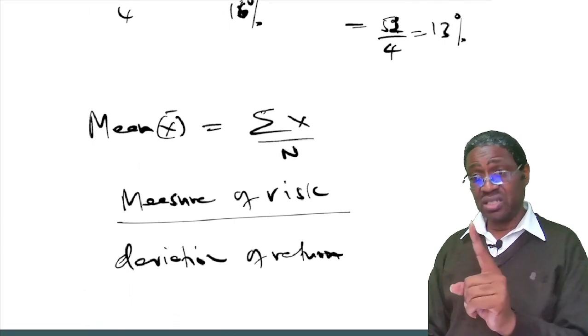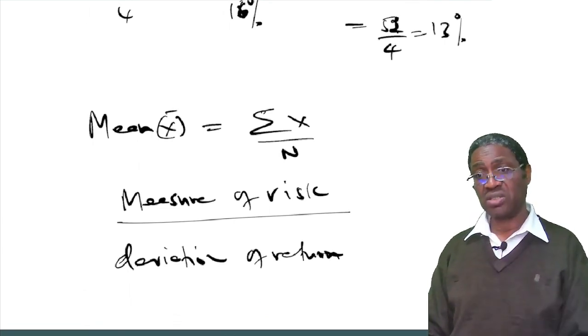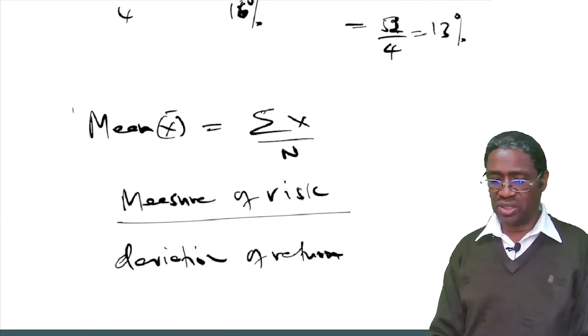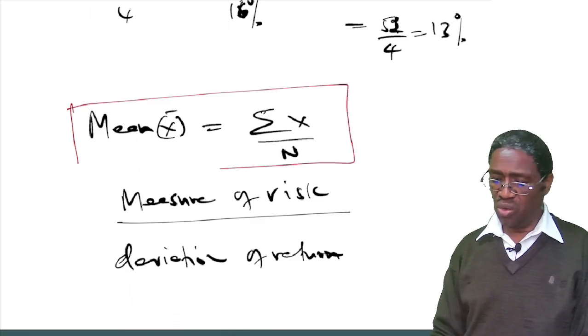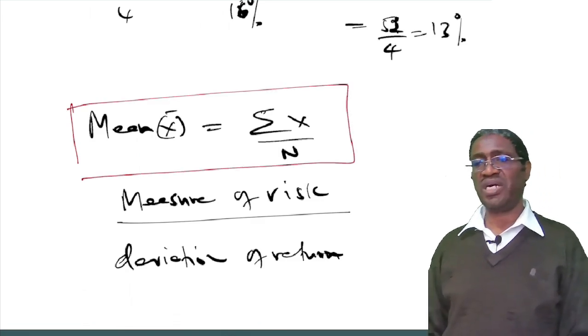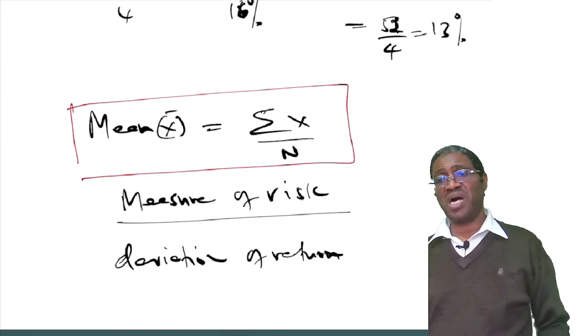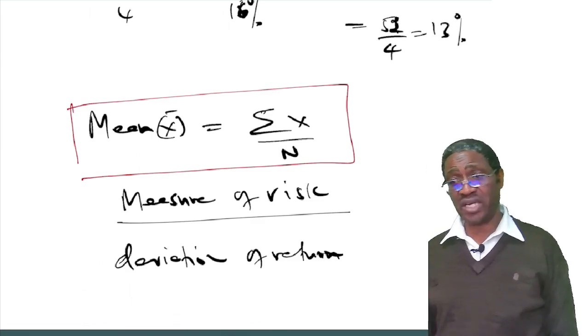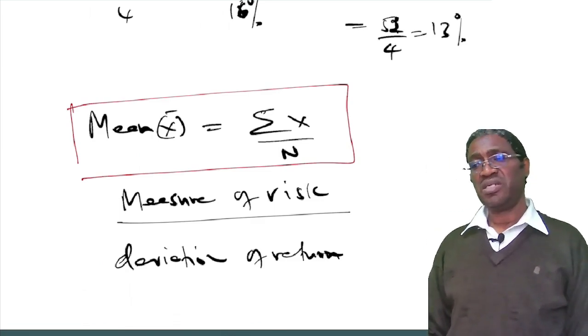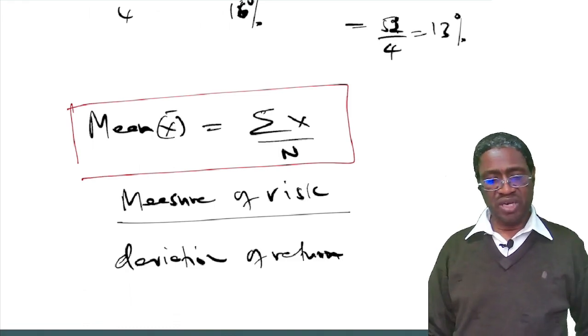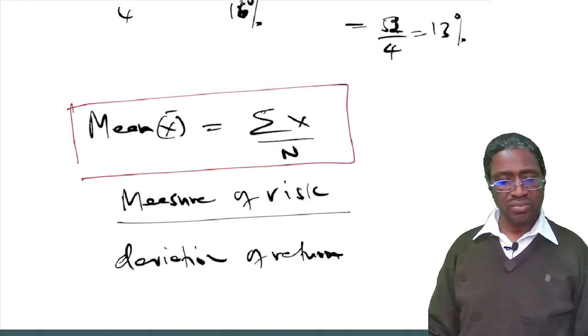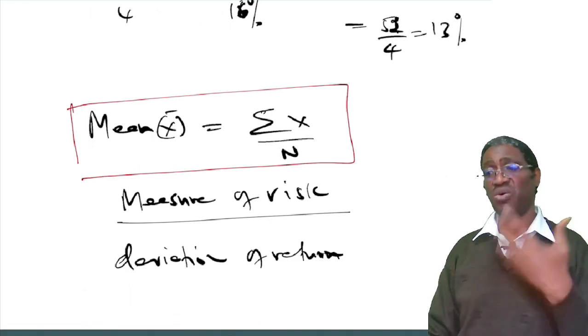Mean x bar equals summation of x divided by n. That's the average return or the mean.